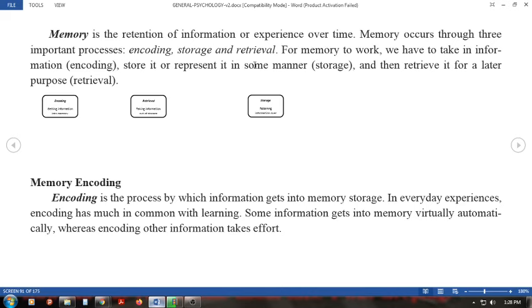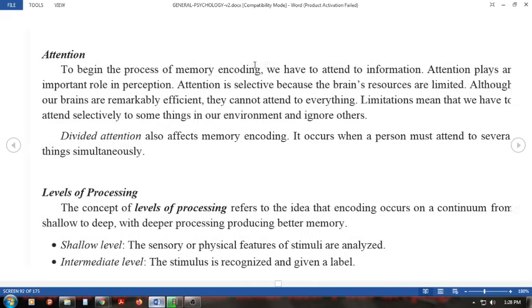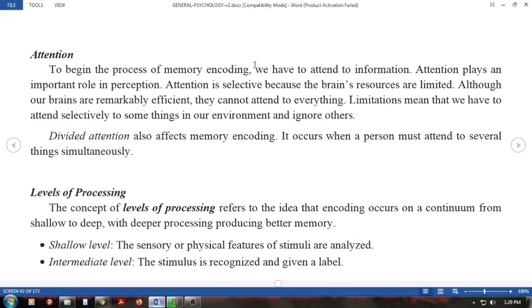What happens is that lisod siya i-store sa memory, and it takes much effort and concentration and energy on your part para ma-encode lang sa imuhang storage, sa imuhang brain. Okay, so it takes less effort for other information, while for other information it takes more effort.